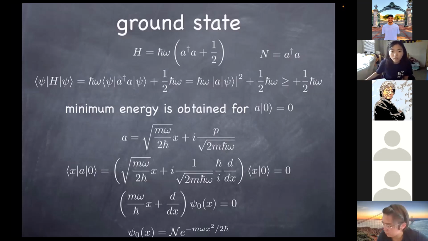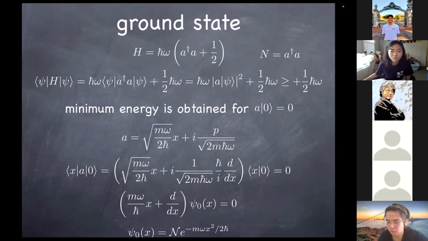So the minimum energy, if you apply the annihilation operator to the ground state, should always result in 0. But is this just an artificial trick for us to do, or is there any support that this is a totally natural step for us to do?